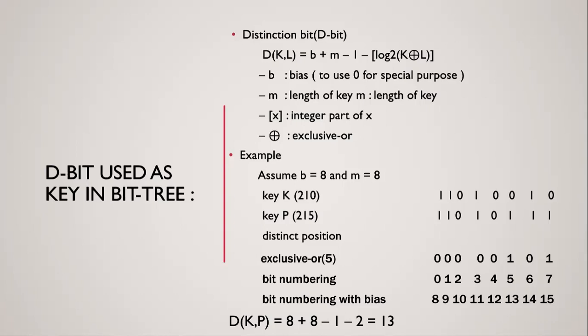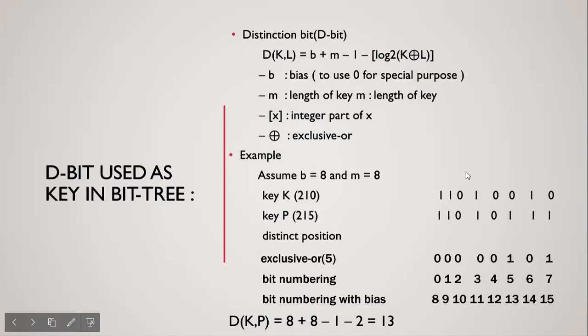Example: assume B is equal to 8 and M is equal to 8. So key K is 210 and key P is equal to 215. The distinction position is the exclusive or, minus 5, in the binary tree.